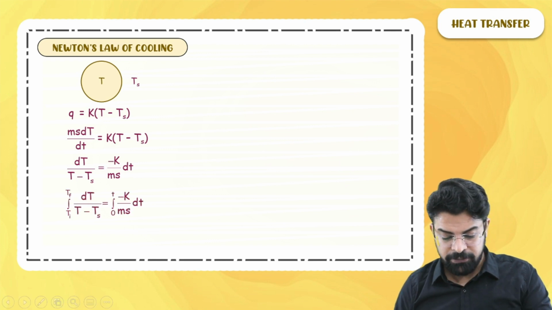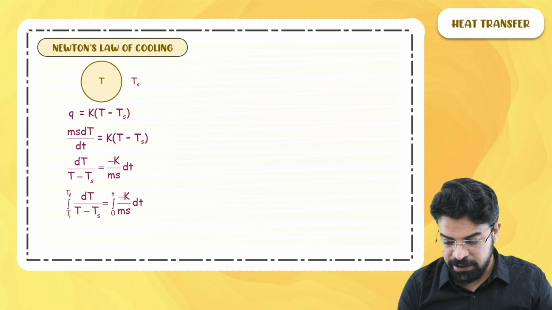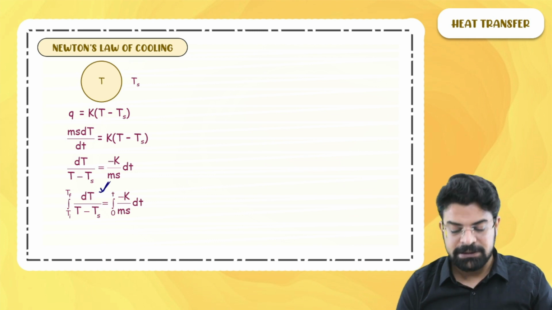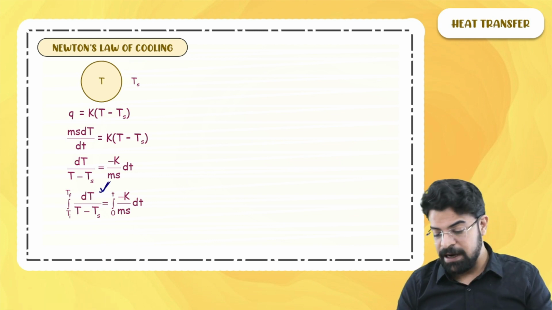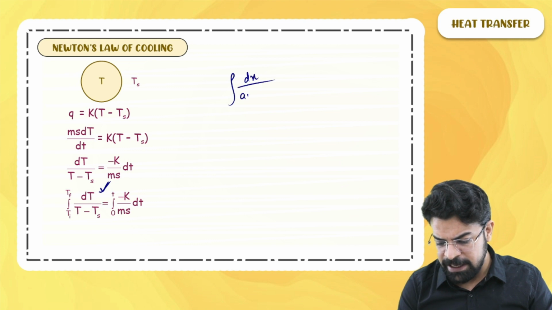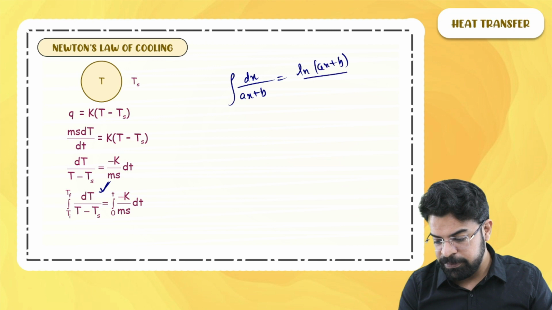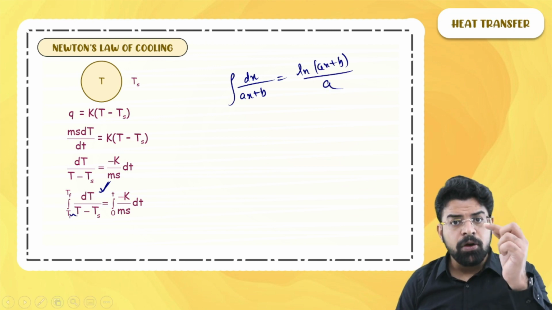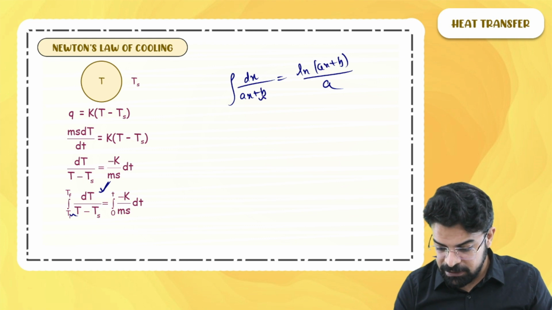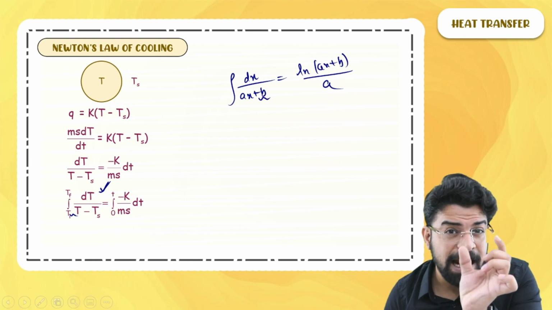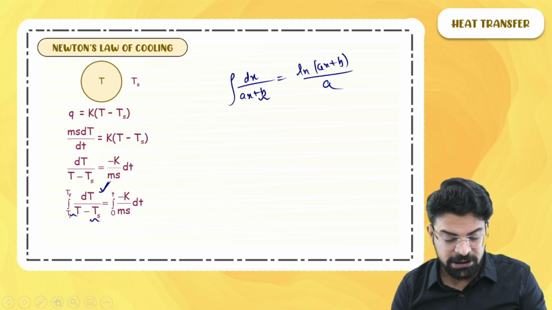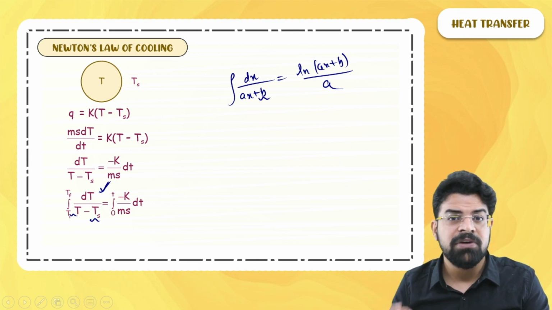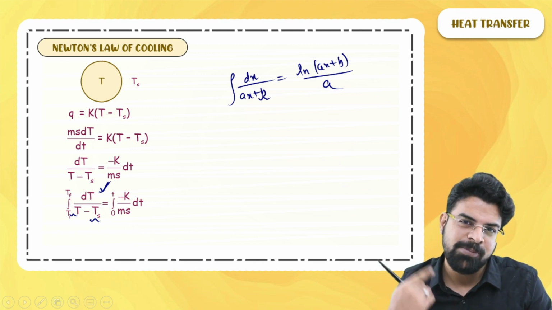Students find this integration difficult, and we have learned that the integral of dx upon ax plus b is ln of ax plus b, divided by a. Here the coefficient of T is 1, so in the end you divide by 1, and b, the quantity added to the variable, is minus Ts. So this integration is not tough, it's just that you have not memorized it.